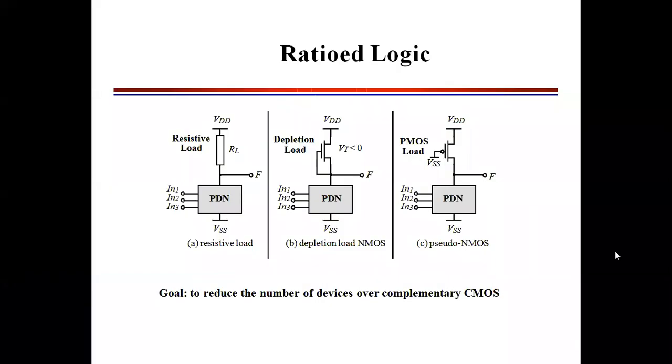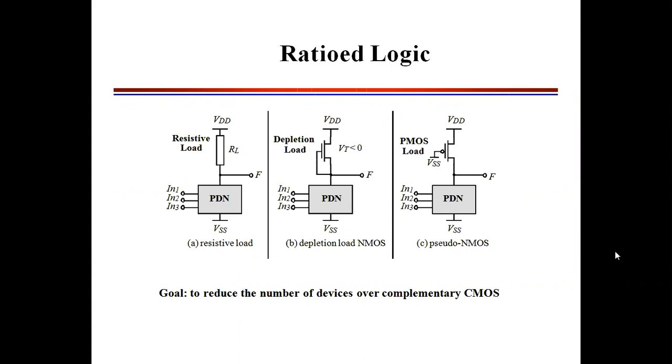Okay, so very good afternoon, class. In the last lecture, we were talking about ratioed logic. So, what is ratioed logic? First, the goal behind ratioed logic is to reduce the number of devices compared to complementary CMOS, whatever number of devices is required to design a particular logic design.